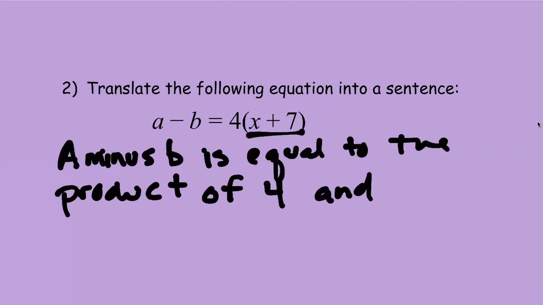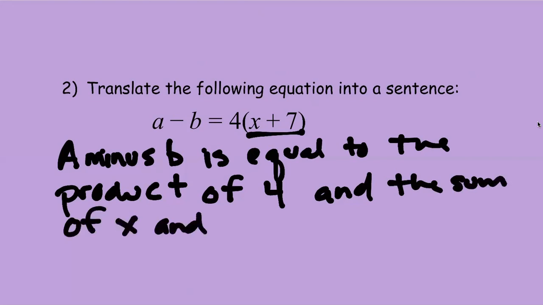Well, I would say the sum of x and 7. And that is how you would write that as a sentence. A minus b is equal to the product of 4 and the sum of x and 7.